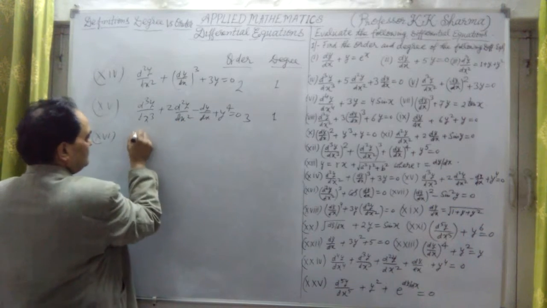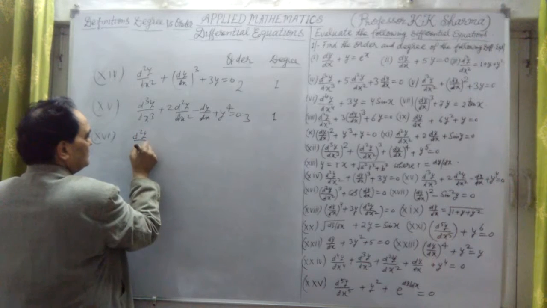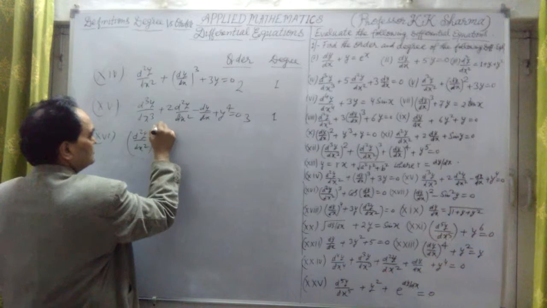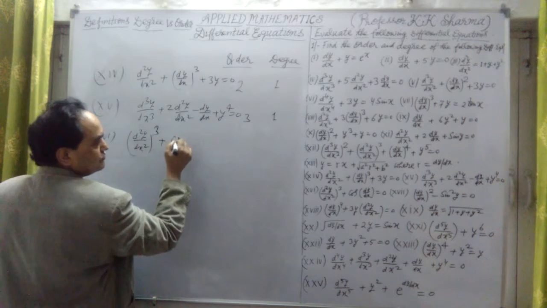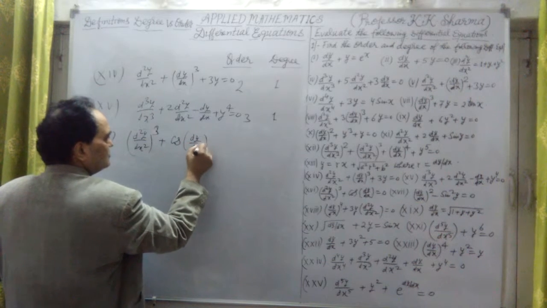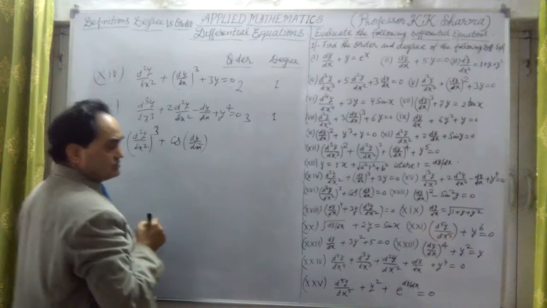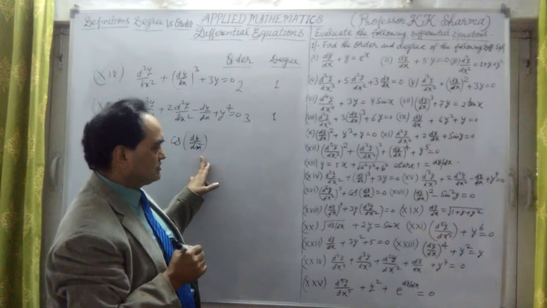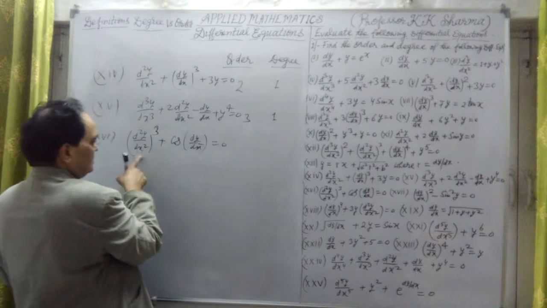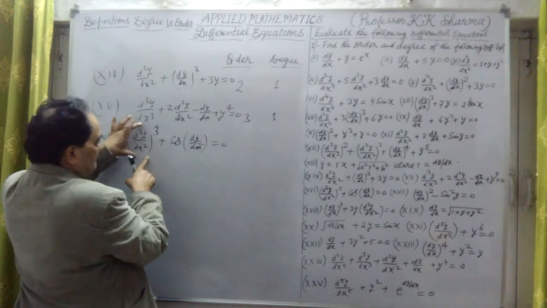Here we have (d²y/dx²) whole cube, plus cos of dy/dx. Now here the angle of cos is dy/dx, undoubtedly a derivative inside the angle, but the highest order derivative is d²y/dx².